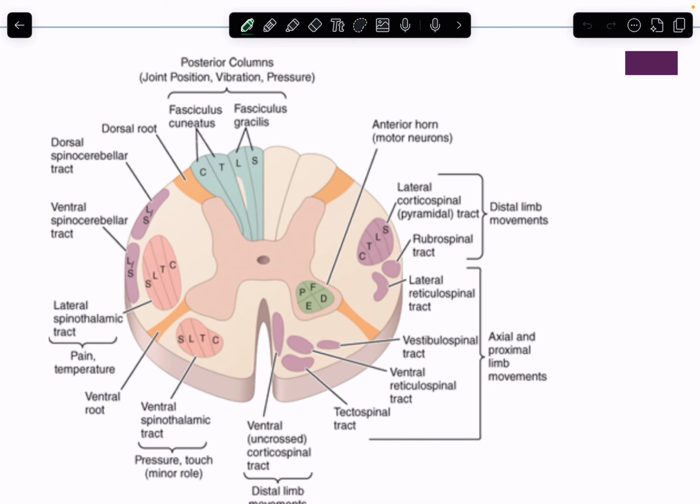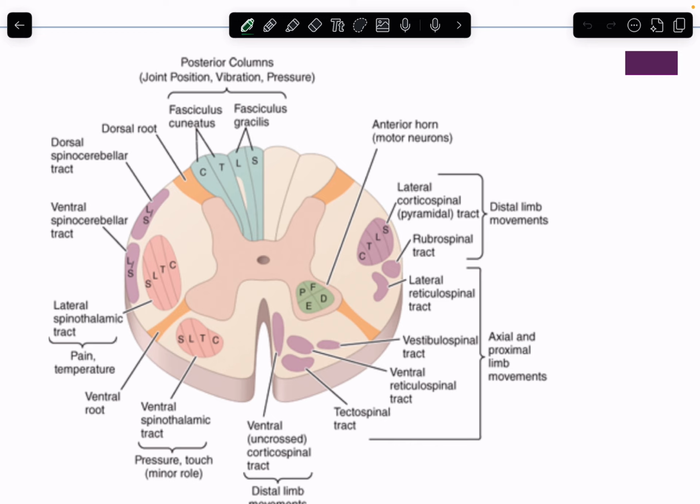It crosses over, or decussates, in the pyramid, and is responsible for voluntary distal limb movements. Your lateral reticulospinal tract, vestibulospinal tract, and ventral reticulospinal tract are responsible for axial and proximal limb movements.